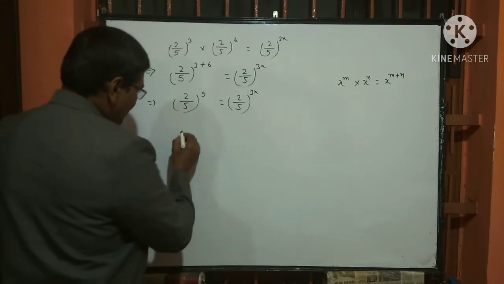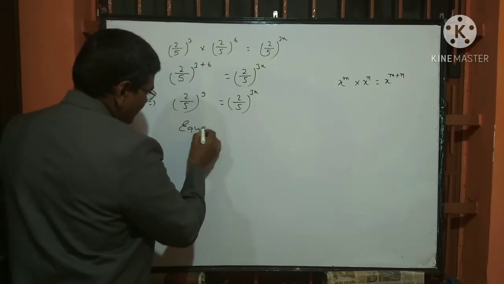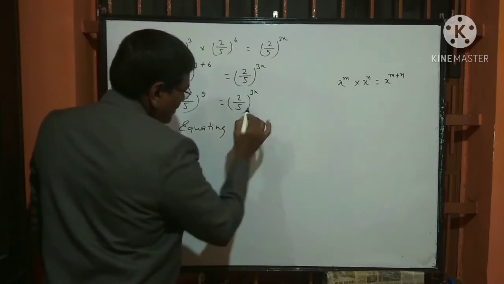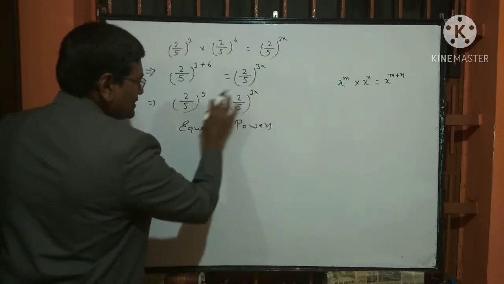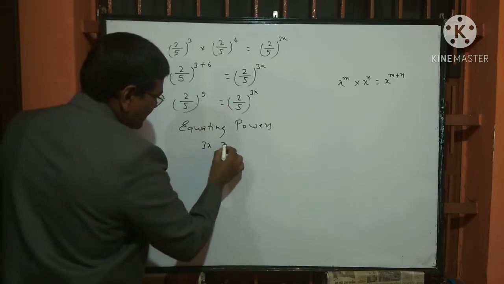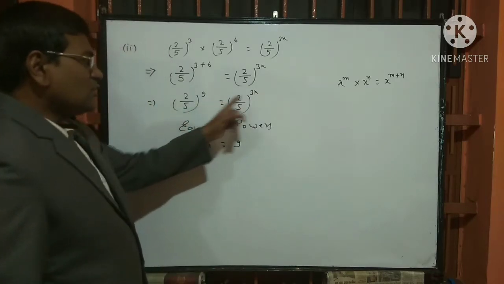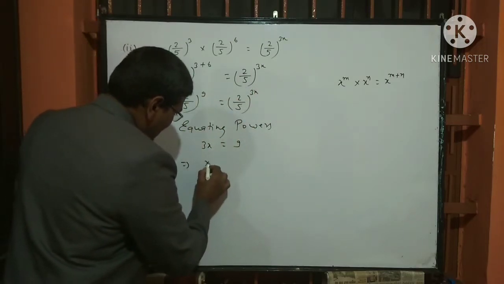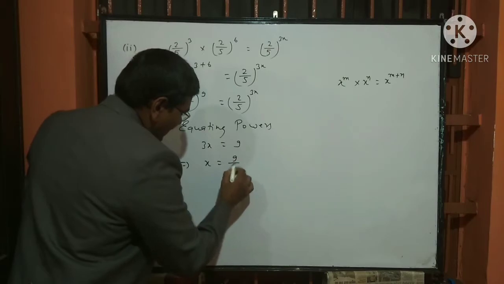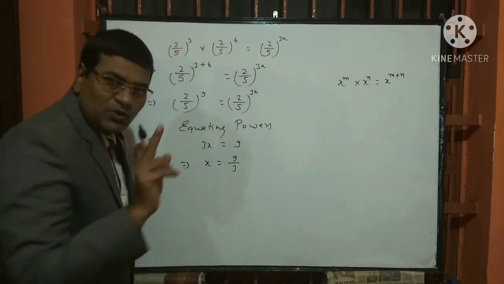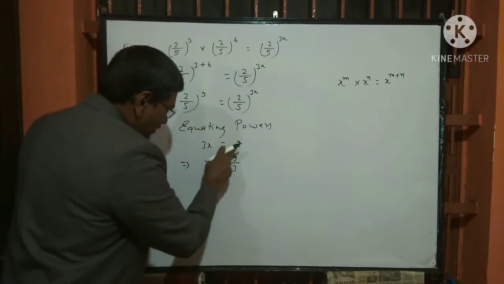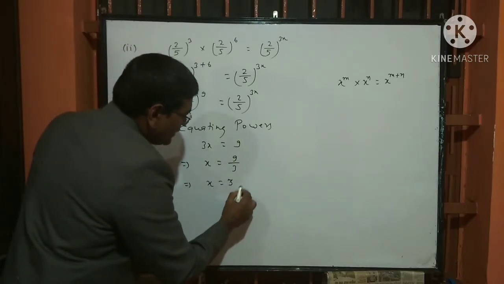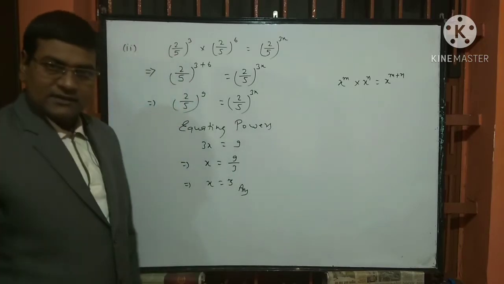This is written as equating powers. 3x equals 9. We can write 9 equals 3x or 3x equals 9, no problem. 3x means 3 into x. So x equals 9 divided by 3. 3 threes are 9, so x is 3. This is the required answer.